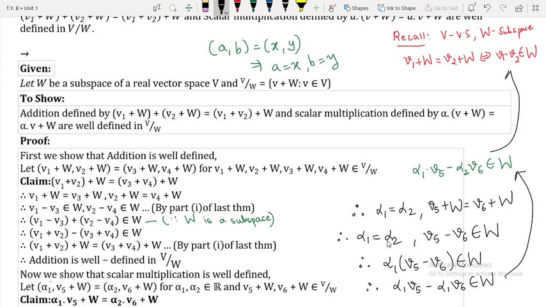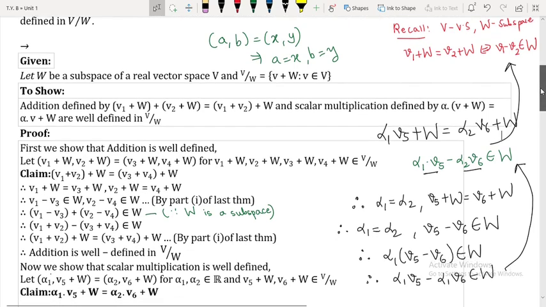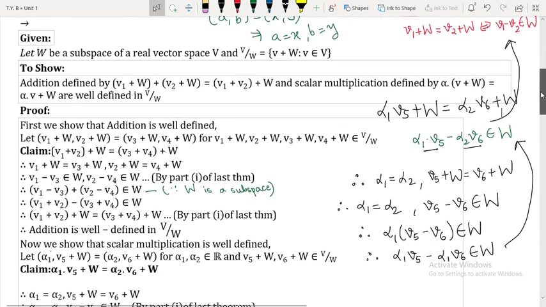By using this result we can immediately say that, by taking these as representatives and forming these cosets, the two will be equal. And that is what we wanted to prove here, isn't it? That is what I have written here.